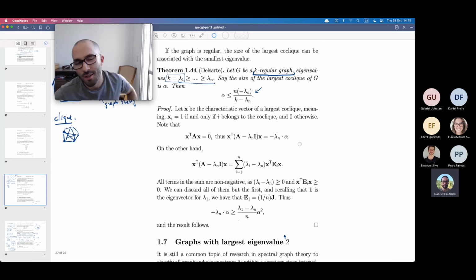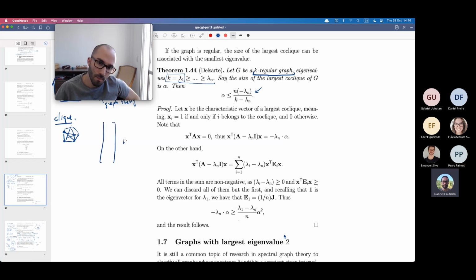Actually there are several proofs of this fact, and this is my favorite because to me it's conceptually the simplest. So let X denote the characteristic vector of the largest co-clique, meaning that I have a vector with n entries, right?